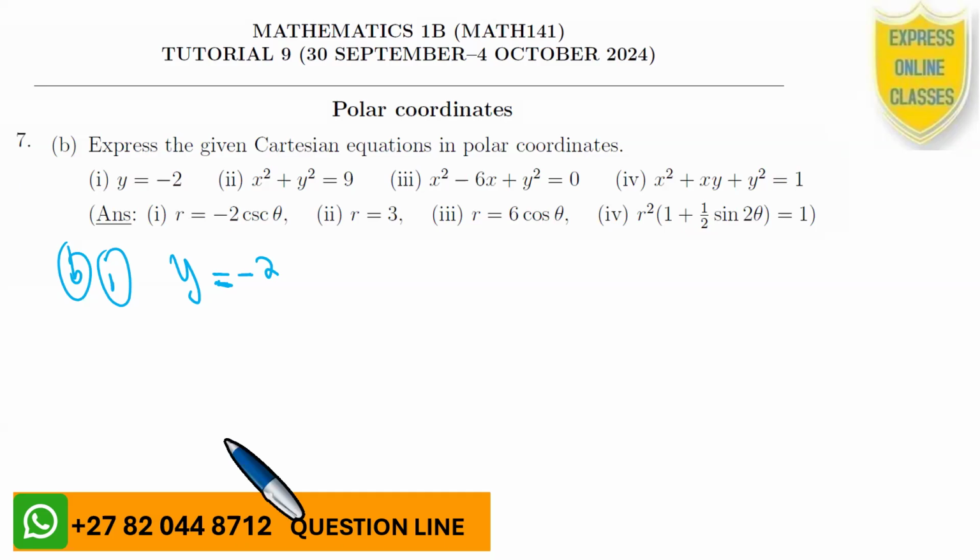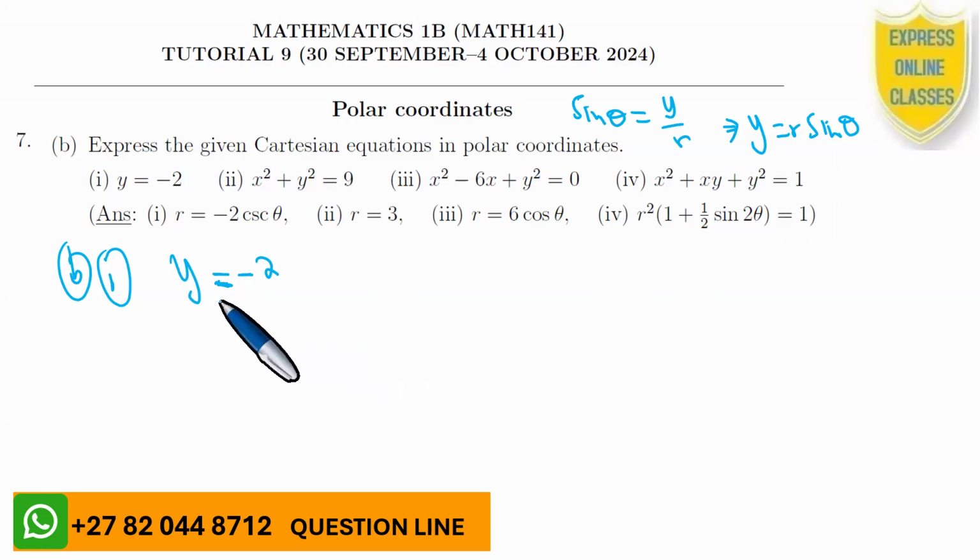If y is -2, then we have the following. And then we need to convert it to polar coordinates. But we know that the sine of theta is y over r. Simultaneously, we also know that y is r sine theta. So wherever there is y, we can put r sine theta.